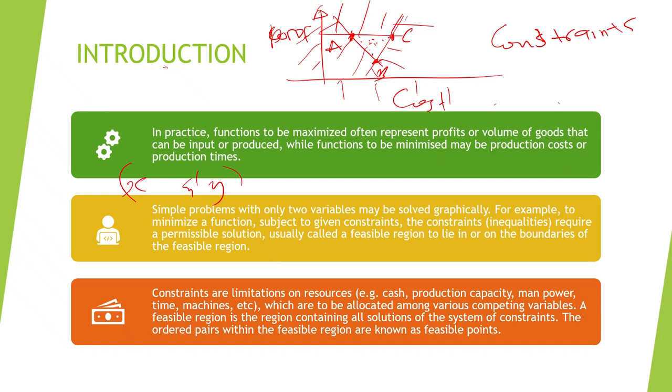Because this is a 2-dimensional space, you can have A, maybe with point X1, Y1. B could have x2, y2. The same with C, which could have x3, y3. So those ordered numbers, those points within a feasible region, are what are known as feasible points.